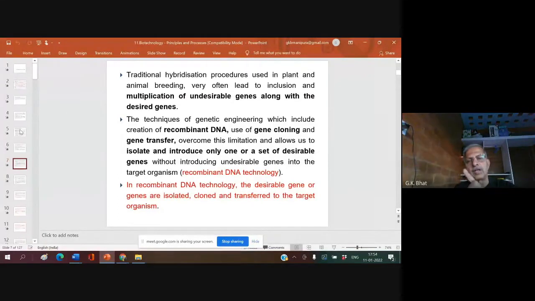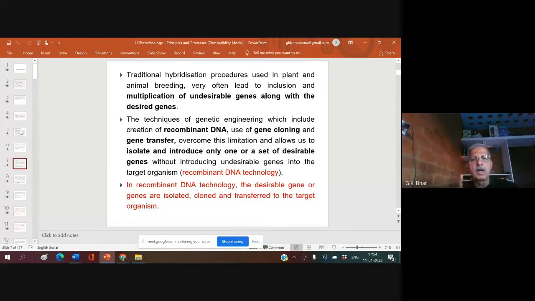in what way genetic engineering is different from typical hybridization. In traditional hybridization, Siddesh, please listen to the lecture carefully.